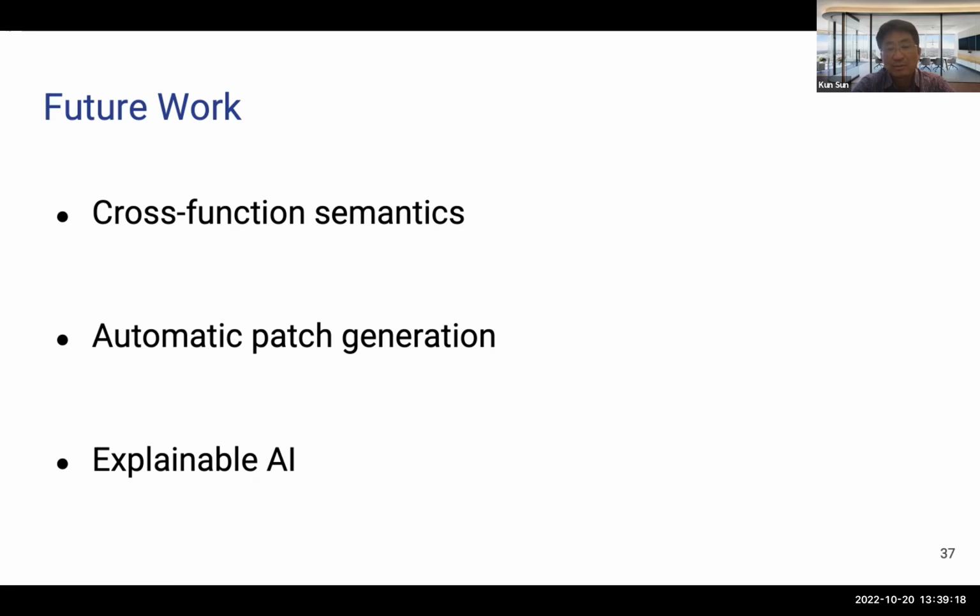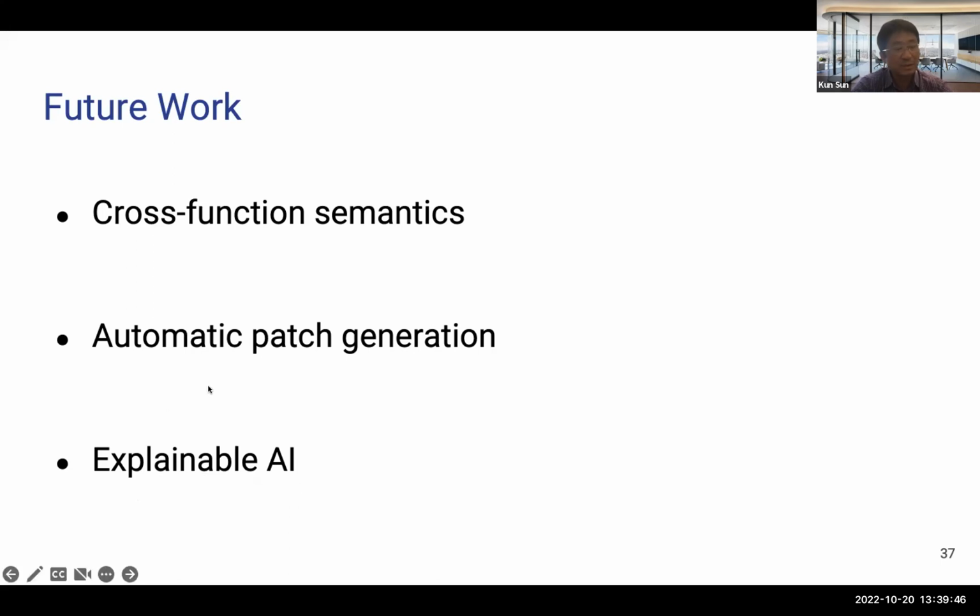We try to use machine learning or deep learning to automatically generate those patches. So later, when you give me one specific vulnerability, I can automatically generate a number of patches for the developers to use.